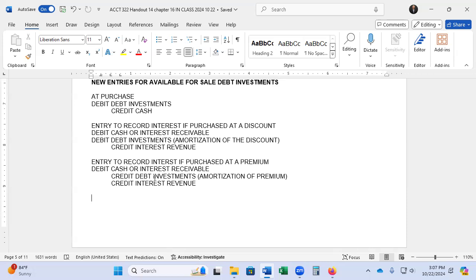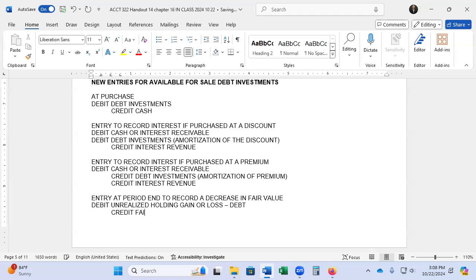Okay. So now we have the entry at period end to record a decrease in fair value. And so you would debit unrealized holding gain or loss. And they usually put like debt security to indicate.